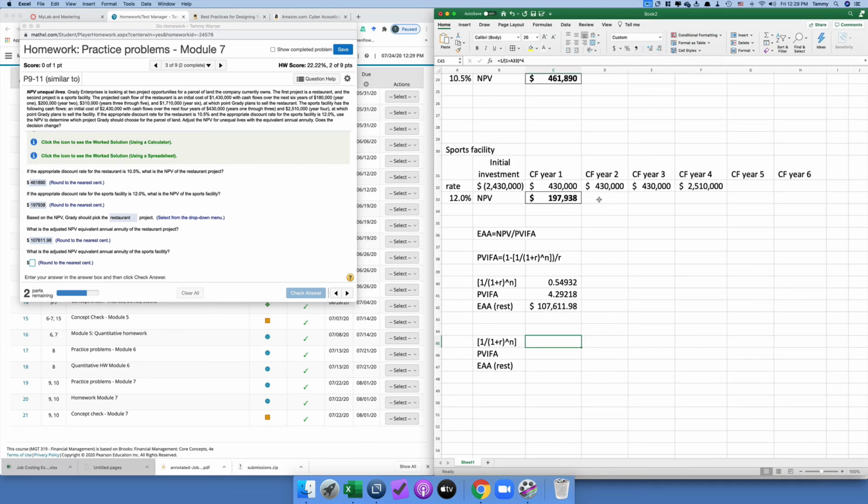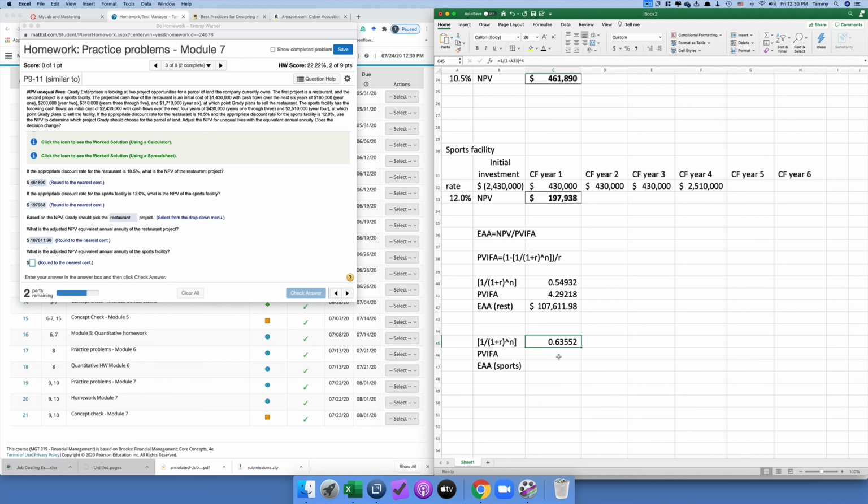So if we apply that same procedure to the sports facility, we get a 1 over (1 plus r) to the n of 0.63552, right? It's 4 years.